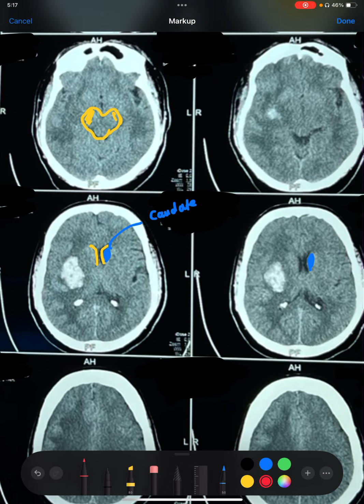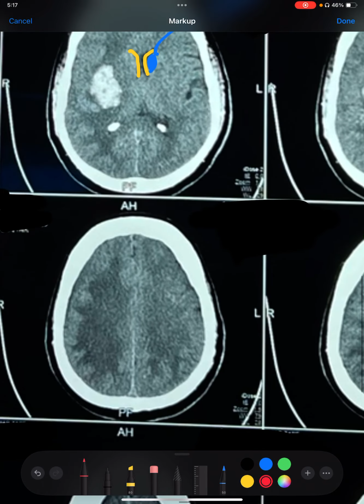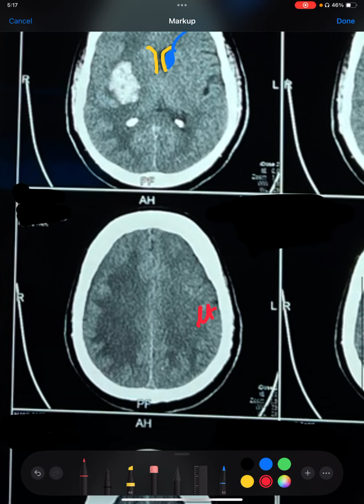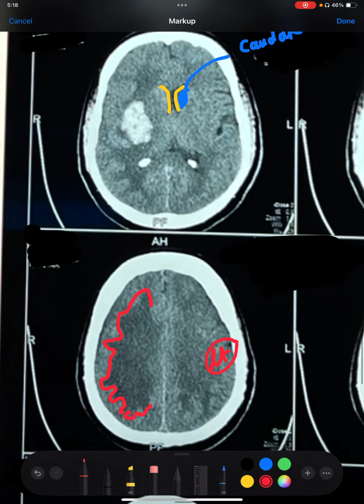Now, how do we come to know the edema? The edema will appear dense black or radiolucent. Just compare these two. This is the left side of the brain, and see how sharp this edema is. This is all edema around the bleed, which is not there on the left side. We can see it here also.